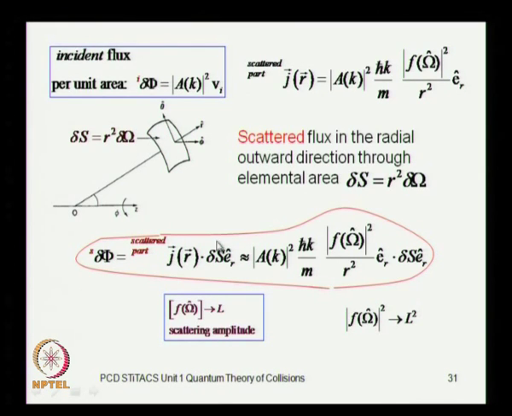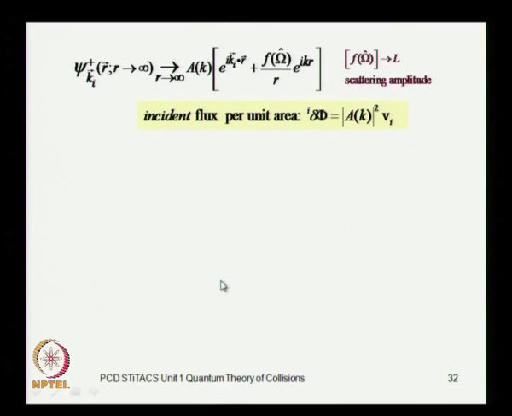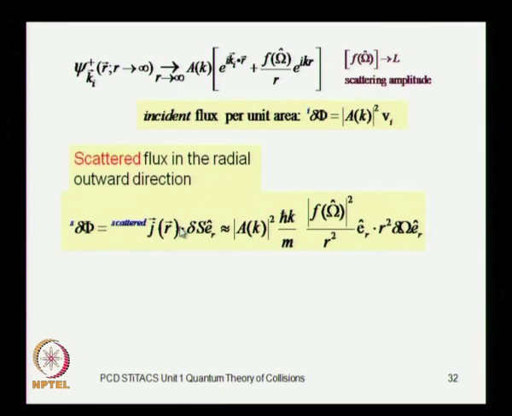Now, you can make a comparison between the scattered flux and the incident flux, but you certainly know that this quantity has got the dimensions of length. So, modulus of f square has got the dimensions of L square, and you have got the incident flux, you have got the scattered flux.